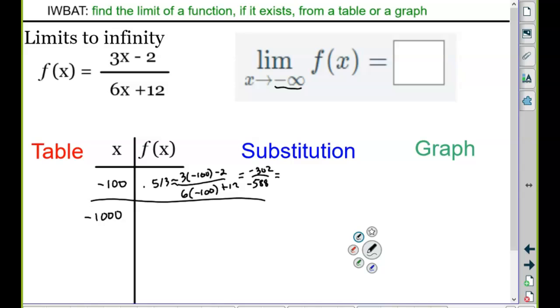So what if I pick a larger number? And again, I'm not going to write all this out. I'm going to just quickly throw out my calculator just to see what's going on.